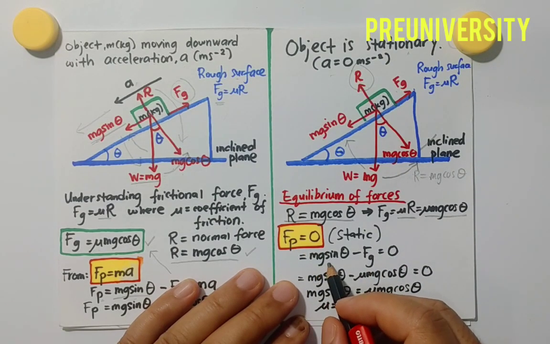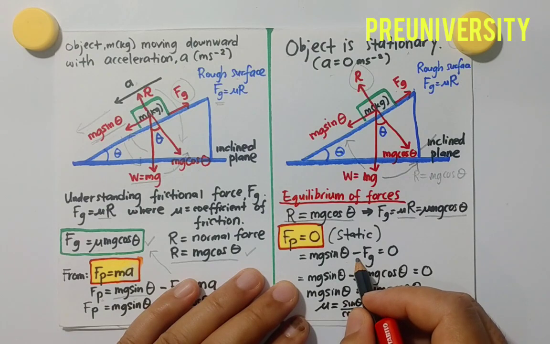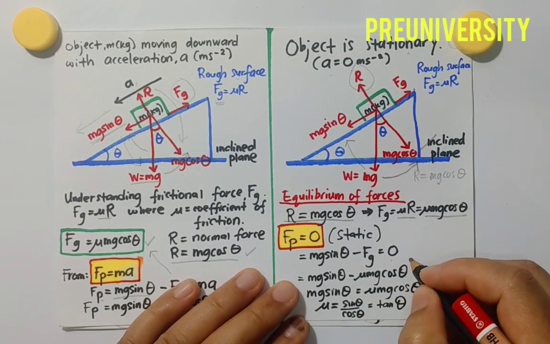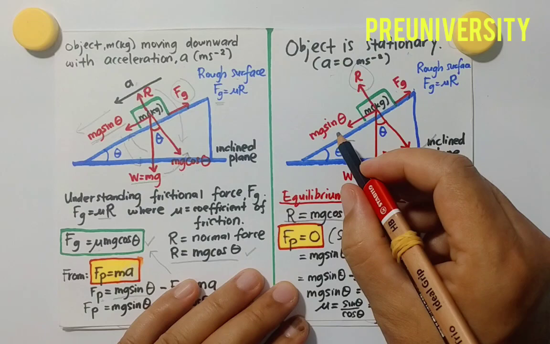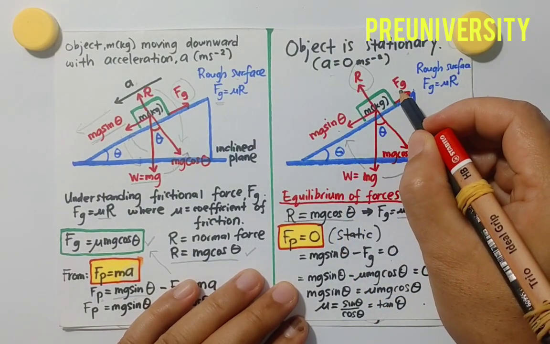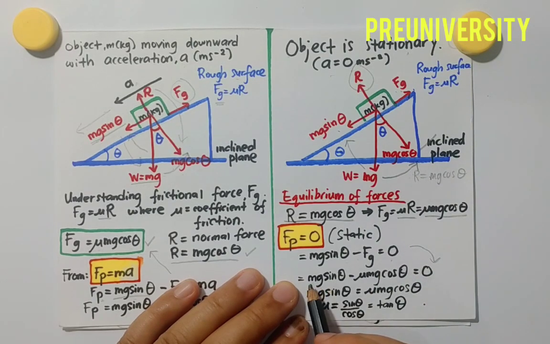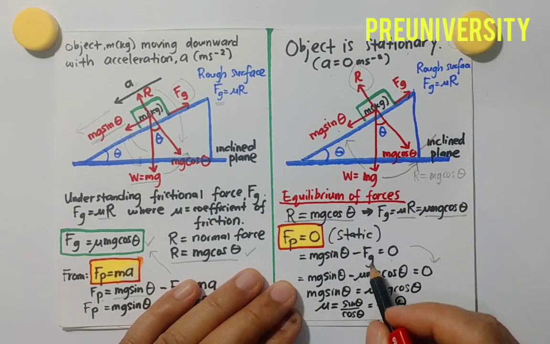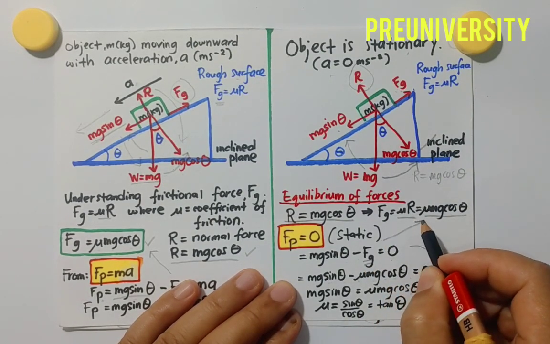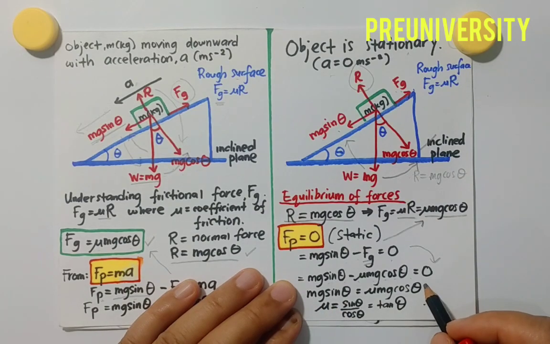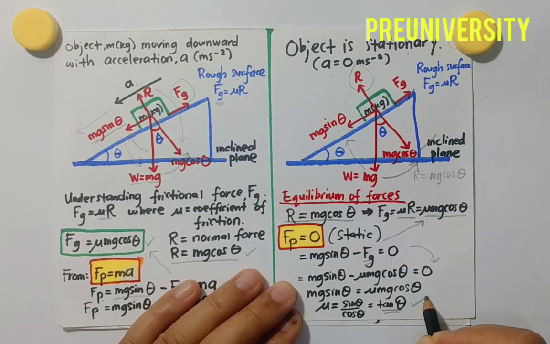Therefore mg sin theta minus Fg is equal to 0. Mg sin theta is balanced by the Fg. Then you can manipulate the equation mg sin theta minus mu mg cos theta, because Fg is here, and in the end we have the equation mu equals sin theta over cos theta, which is equal to tangent theta.